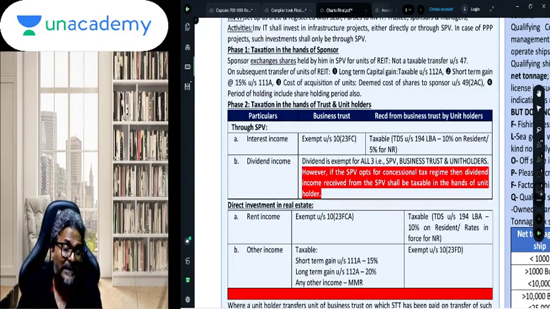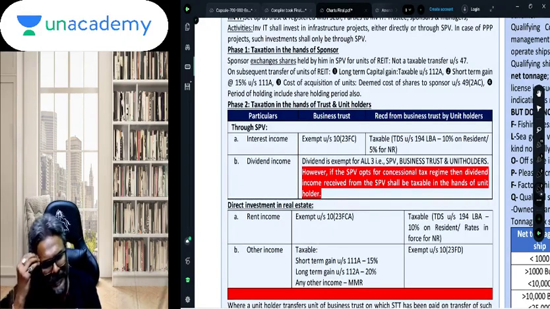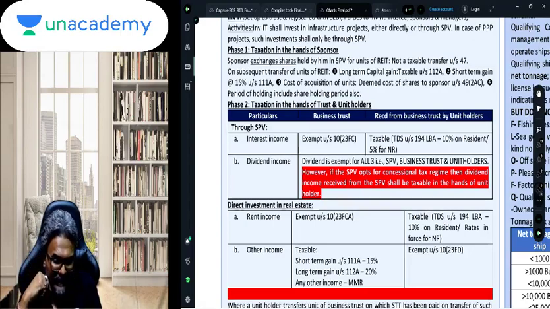Now, which is that income, therefore, which is taxable in the hands of the REIT? Only one income, and that is the other income. Other income meaning thereby, supposing in this context there is a long-term capital gain earned by your REIT. So, what will happen, students, in this context? It is an other income.